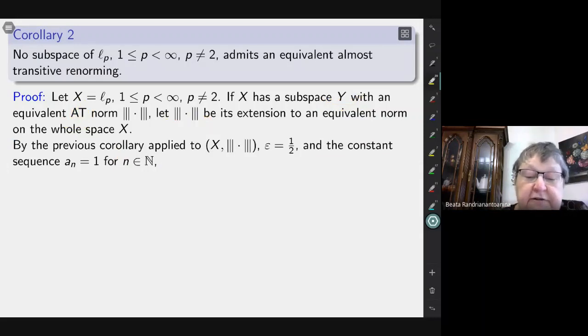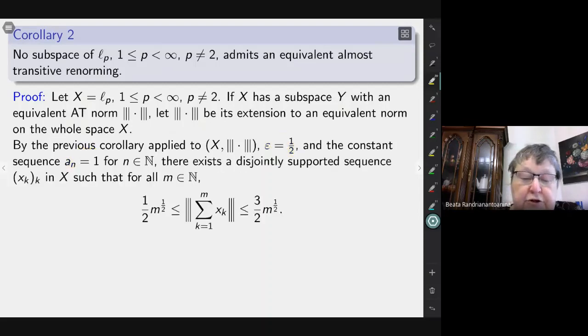And apply this previous corollary with the fixed epsilon and with this constant sequence. I need to choose a sequence, so let me choose this one. So there will exist a disjointly supported sequence, this is the key element of this whole proof.